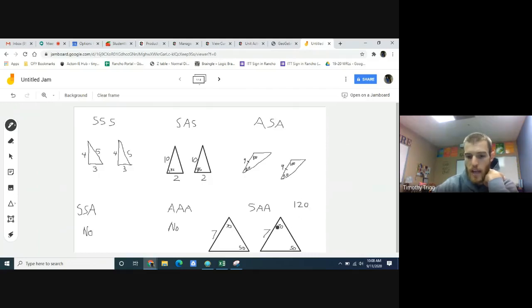But I know that the three angles in total should add up to 180. If you subtract that, you should be able to find the third angle. In this case, 60 degrees. Same idea, we can figure out this one.